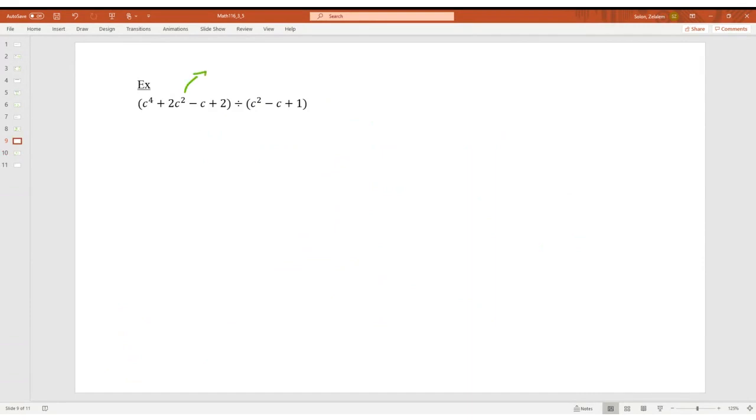So it should be c to the power 4 plus 0c cubed plus 2c squared minus c plus 2. You guys see here, I have to include the c cubed. That's why we learn about the standard form of the polynomial. So we write the polynomial inside here.